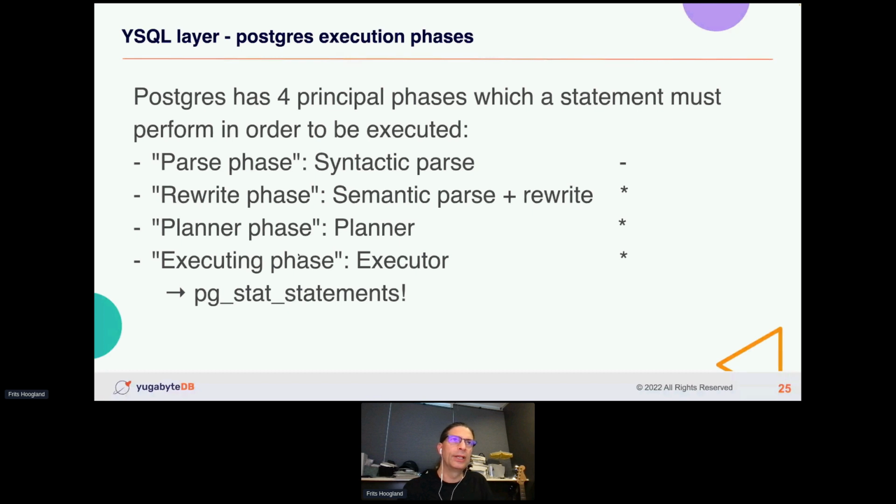The first is the parse phase, which is the syntactical parse, and it actually uses the very old Unix utilities lex and yacc to create an execution tree from text. So it takes text, parses it using lex and yacc, and tries to understand if it's valid SQL and what tables you try to access, etc.